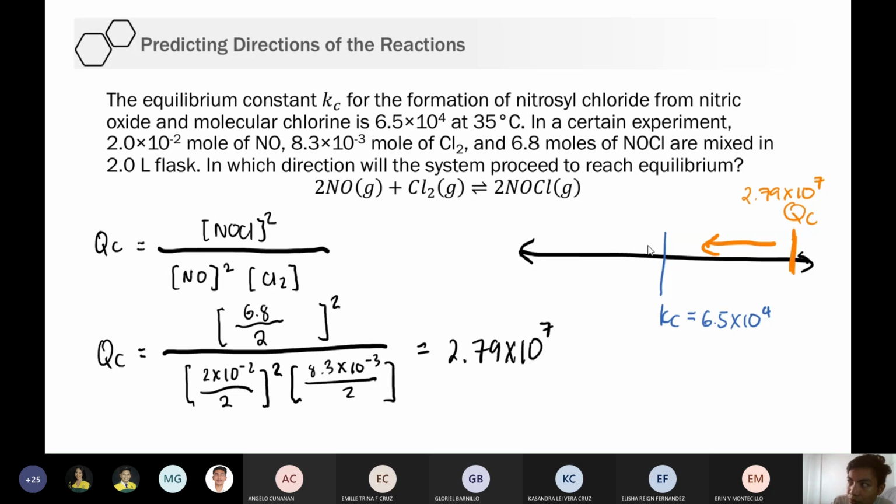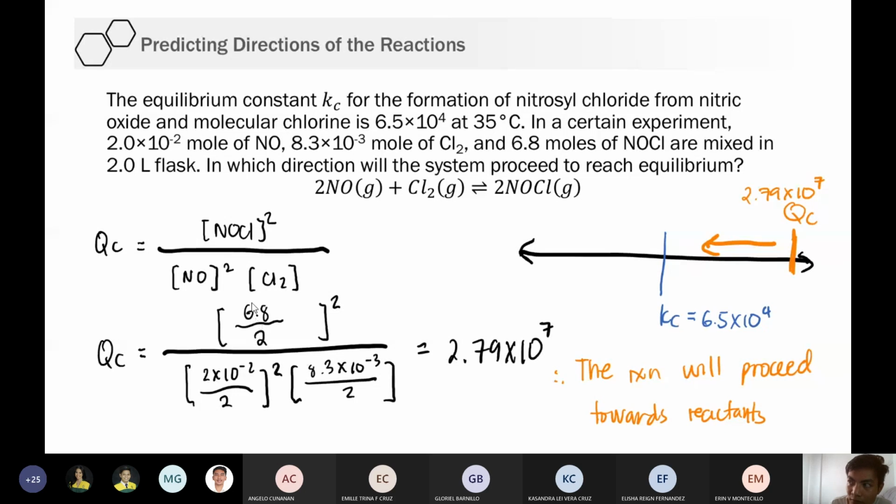So your reaction will proceed towards reactant side na. The reaction will proceed towards reactants. It means that it will convert the products back to the reactants. Kasi sobra-sobra yung products.